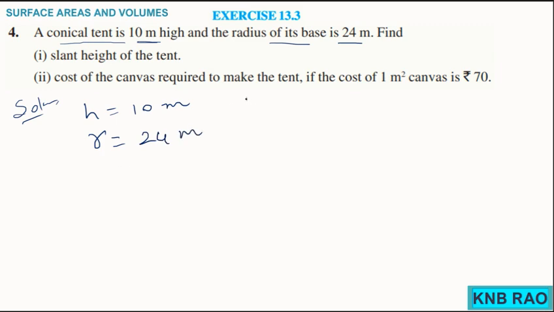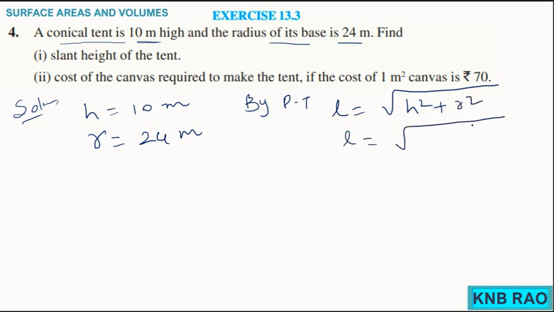Now by Pythagoras theorem you can find the value of L, which is h square plus r square. So L equals root under h square plus r square, 100 plus 24 square. 24 square is 576.